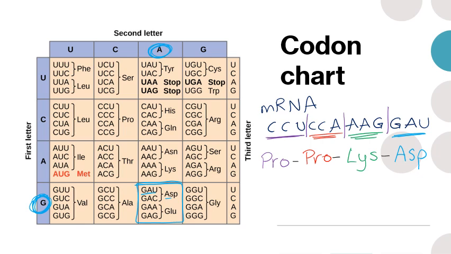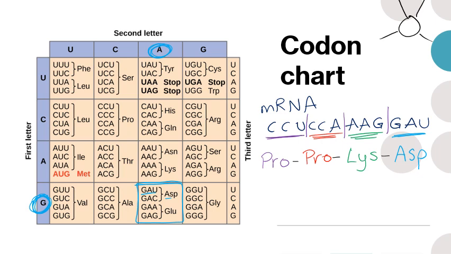You do not need to memorize this chart. You do not need to memorize all 20 amino acids. A chart that looks like this or similar, sometimes there's circles with bits coming out, will always be provided to you on your exam.